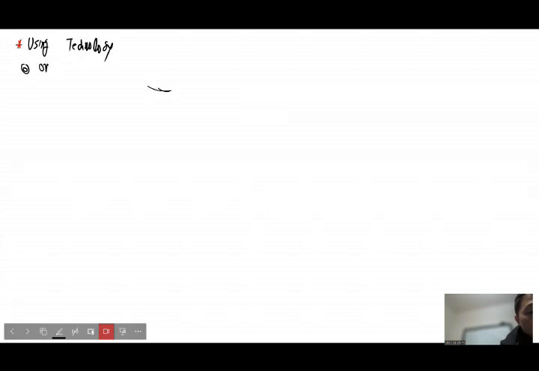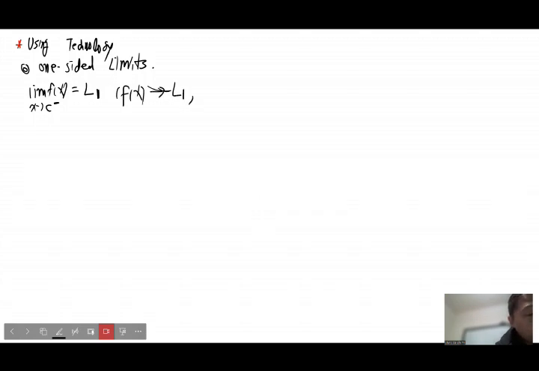So, one-sided limit. If the function becomes L1 in case x goes to c from the negative direction, so that x approaches c from the negative side, then f(x) becomes L1 as x goes to c minus.